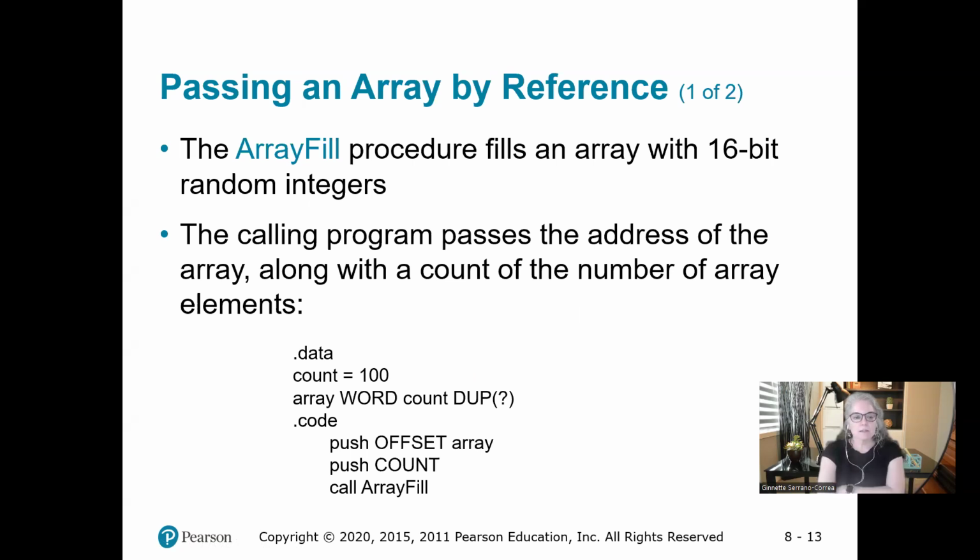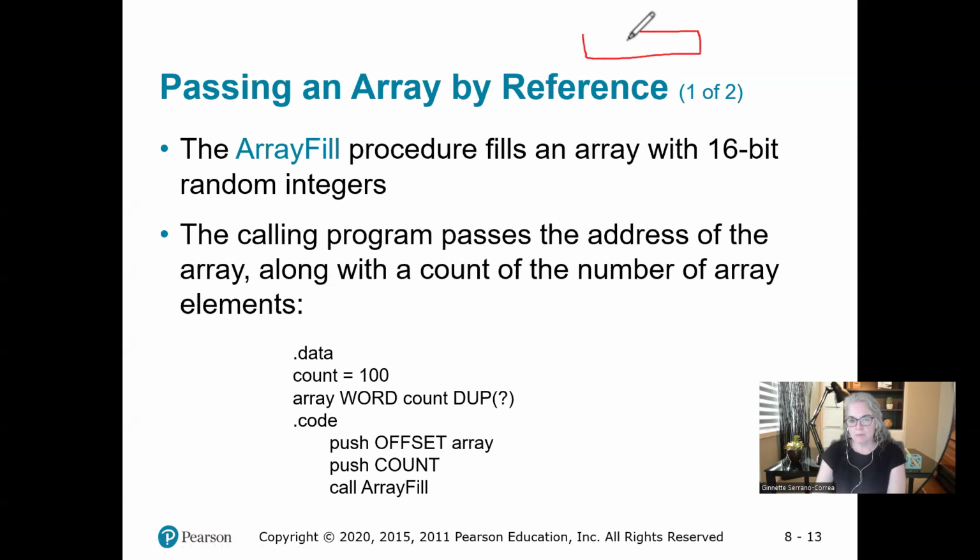This slide is showing how we would pass an array by reference. The only way that we pass arrays is by reference. Arrays are always passed by reference because the name of the array, remember, holds the address of where the array begins.